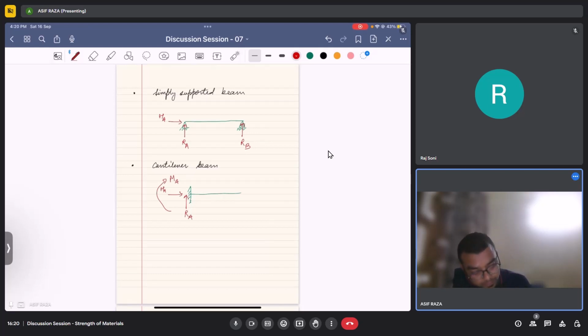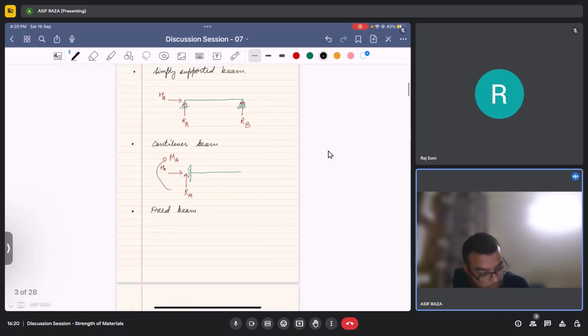Next one is the fixed beam, which is fixed at both ends.